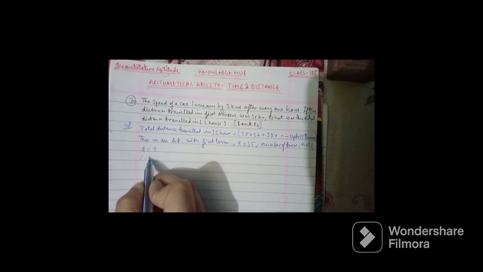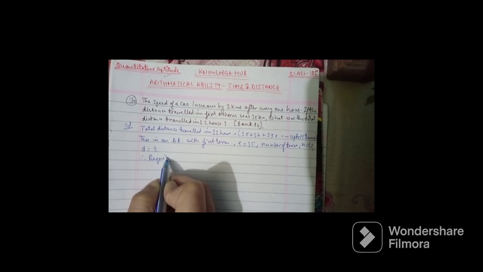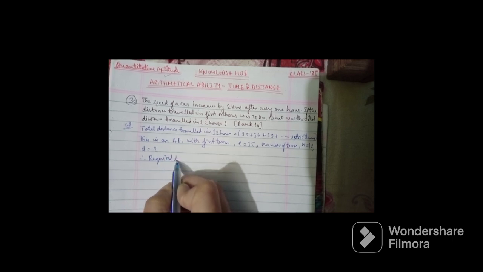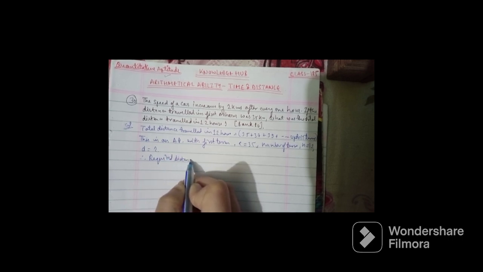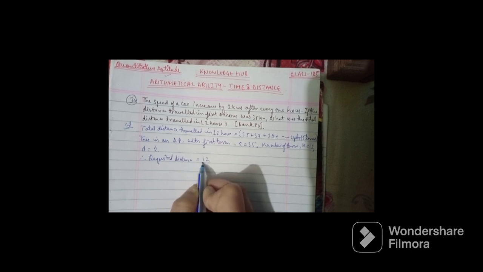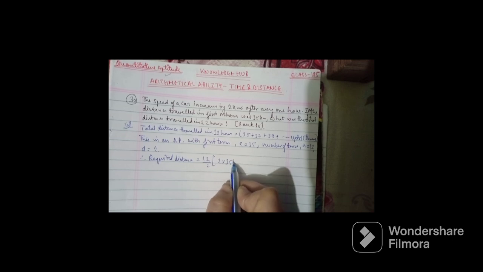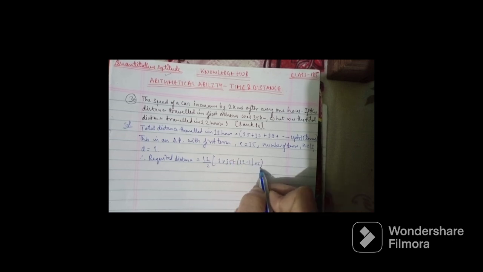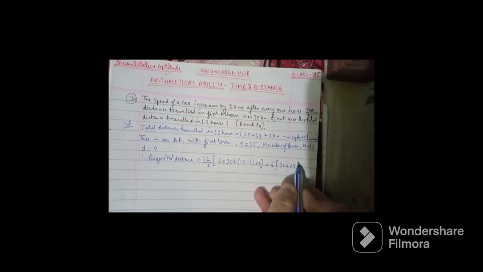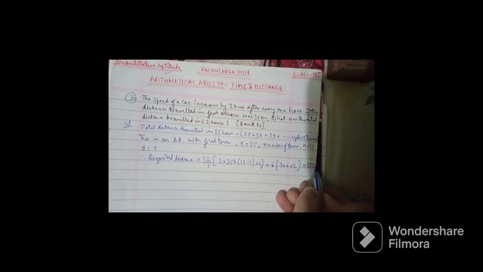So the required distance is (12 by 2) into (2 into 35 plus (12 minus 1) into 2), that is 6 into (70 plus 22), which equals 552 kilometers.